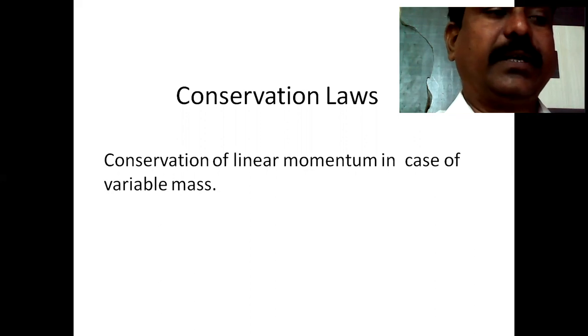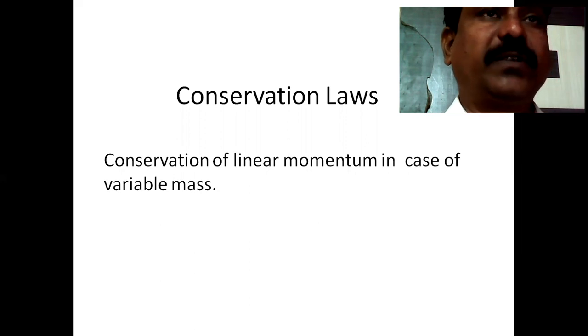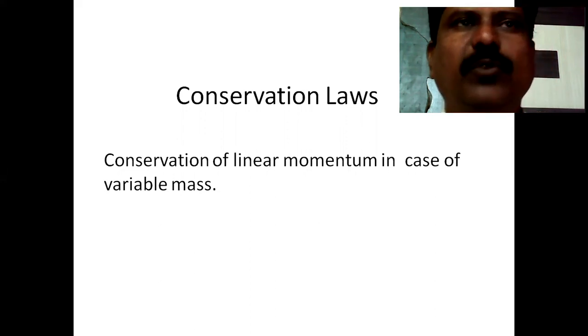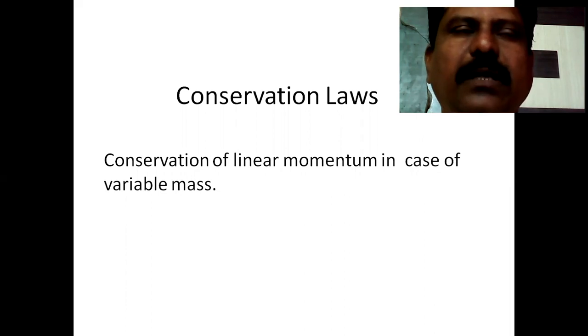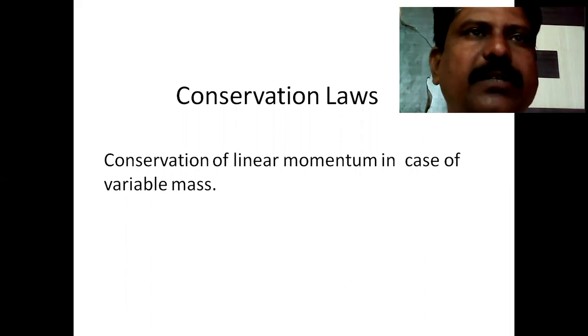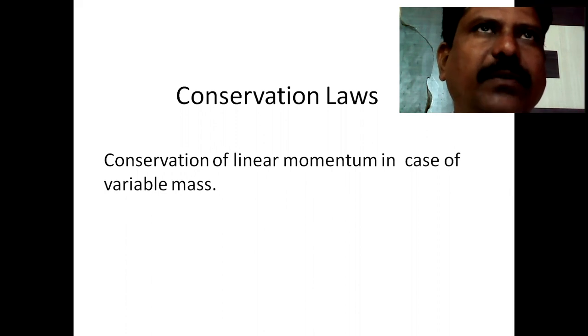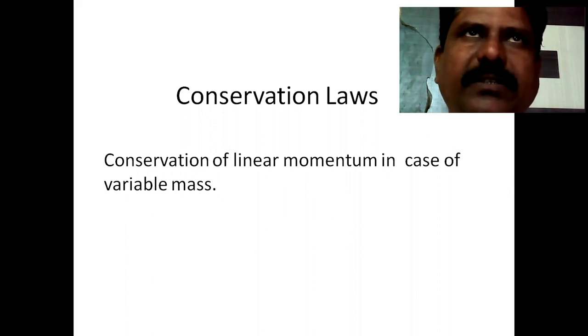That is, an object whose mass is variable, or in which mass enters or leaves the system during its motion. So how does linear momentum get conserved in the case of a variable mass?